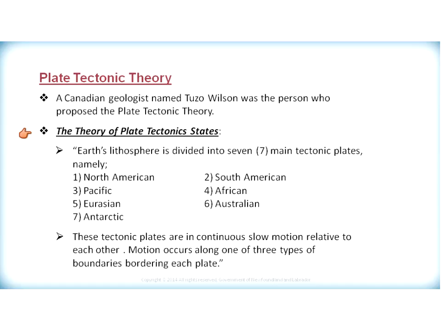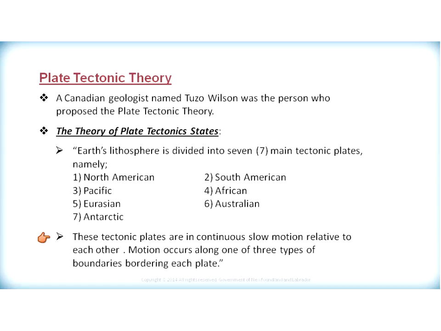The theory of plate tectonics states Earth's lithosphere is divided into 7 major tectonic plates. These tectonic plates are named the North American Plate, South American Plate, the Pacific Plate, the African Plate, the Eurasian Plate, Australian Plate, and the Antarctic Plate. So the entire surface of the Earth is broken into 7 major tectonic plates.